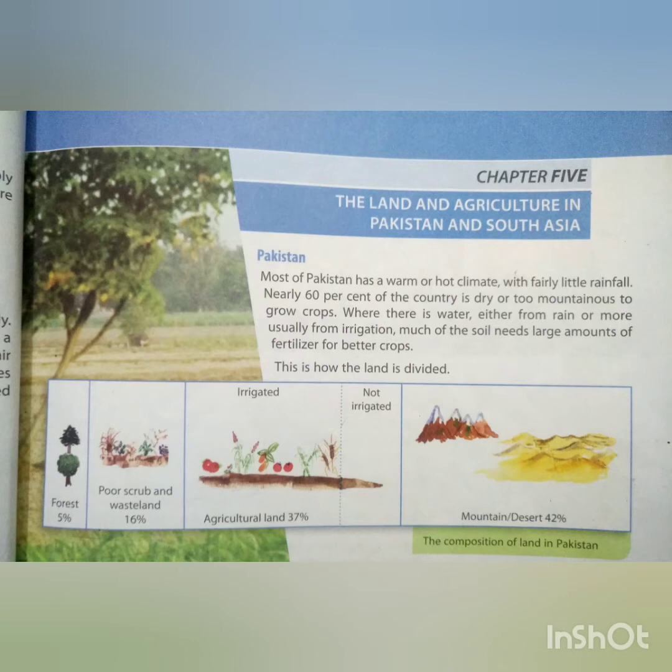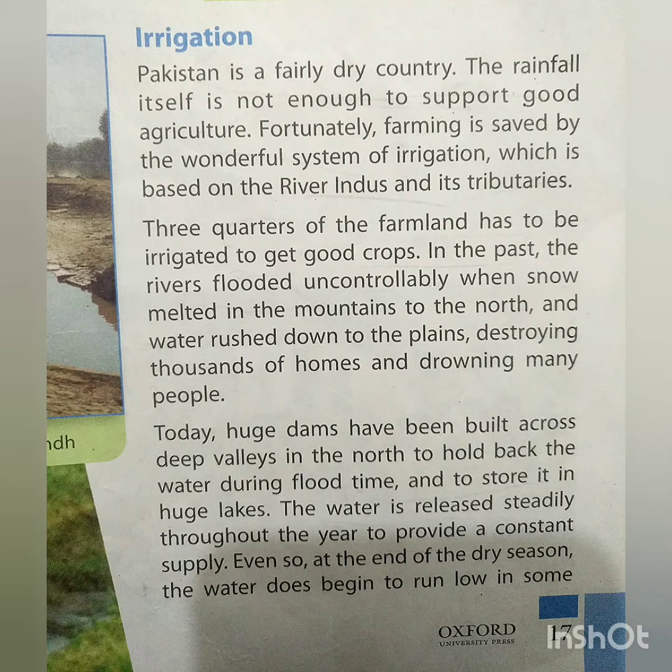Now coming towards the irrigation system of Pakistan. We know that Pakistan is a dry country and the rainfall is not enough to support a good agriculture system. So to irrigate the land, water is used from the Indus River, and 3/4 of the farmland has to be irrigated to get good crops.